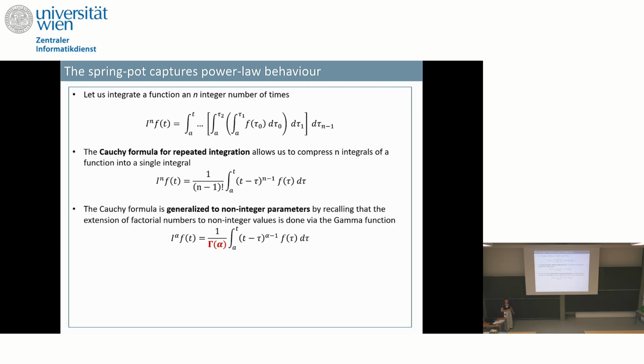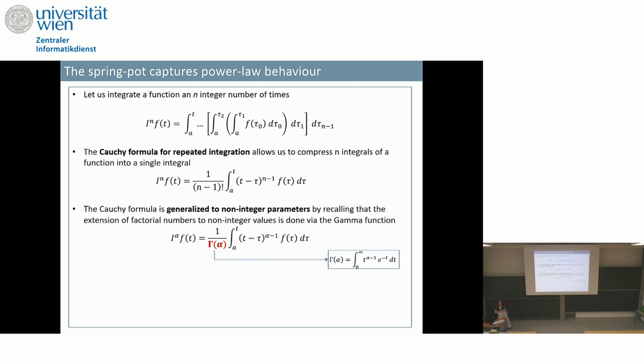So I call it alpha. That's a real number, so it can be 0.1, 0.2, it can be anything. What is required is that the factorial numbers that we have in the second expression now become the gamma function. The gamma function is the generalization of the factorial.